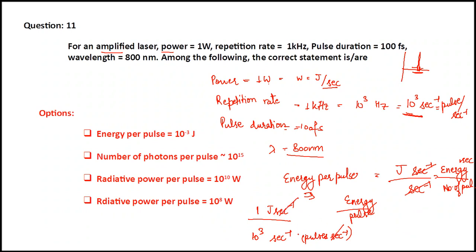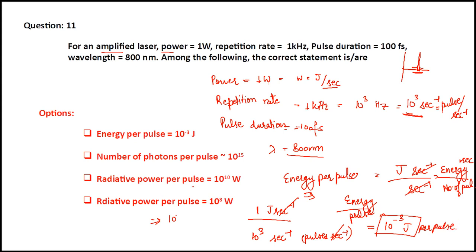Per second will be cancelled, so you will get joule per pulse, the energy per pulse. The answer comes to be 10 to the power minus 3 joule. Okay, so energy, joule per pulse.